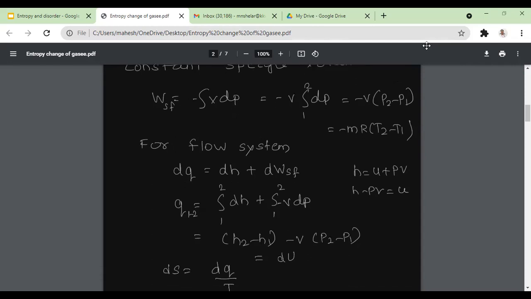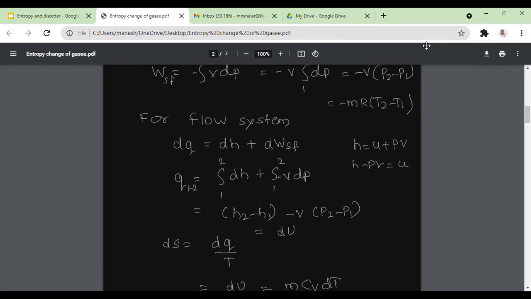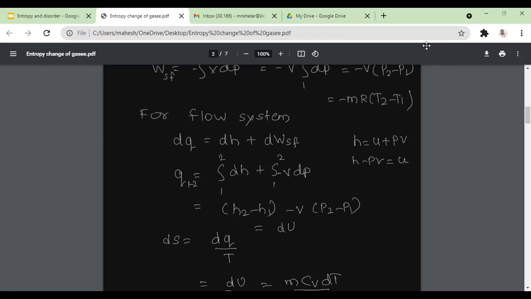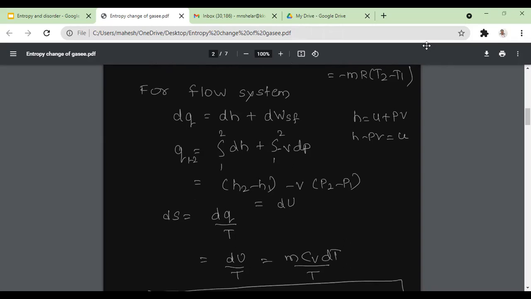For that, we need to calculate dQ and divide it by T. Now dQ is dh plus dW, which gives us dh minus V dP, which is dU, from the definition of enthalpy, because enthalpy is U plus PV. So dh minus V dP is equal to dU.